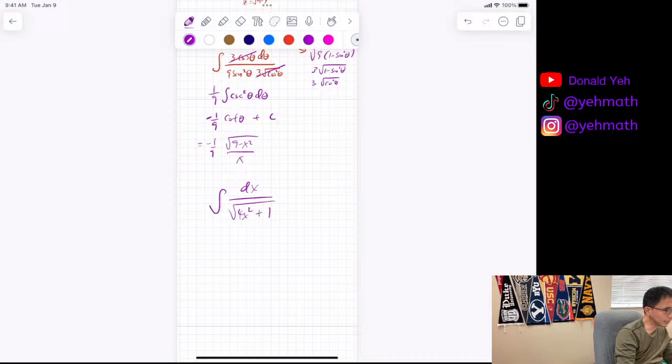I think it was ln secant x plus tangent x. Yep. You substitute. This one's a lot easier, not too bad, manageable.